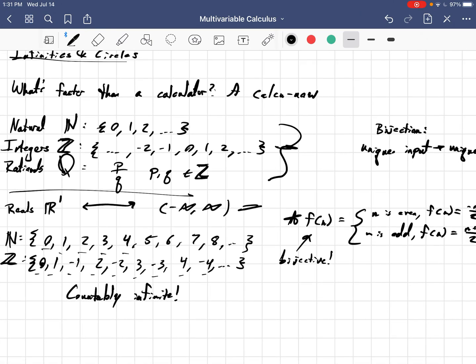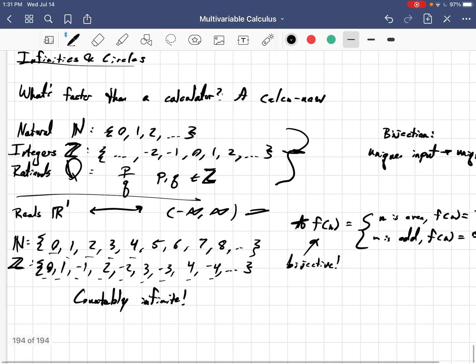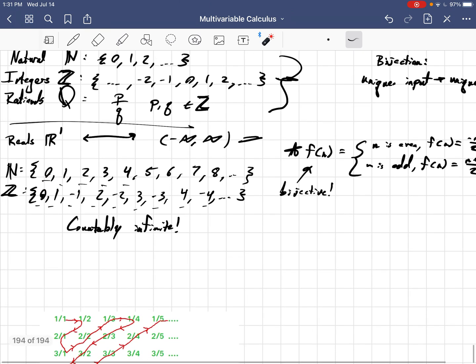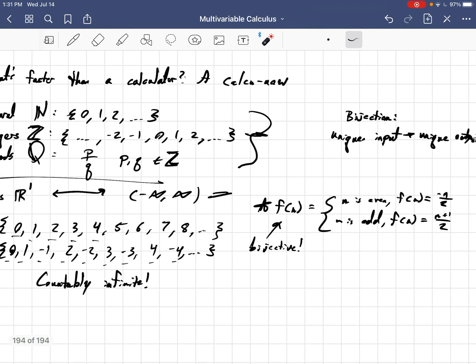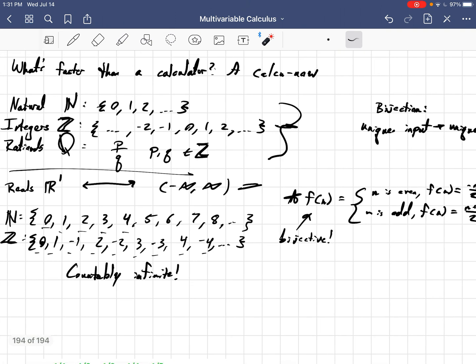Now, for the rationals, it does get a bit more complicated to show that the naturals, the integers, and the rationals are all the same size of infinity. In other words, that there still exists a bijective function, f of n, that maps every natural number to every rational. But it can be done. Now, I'm not going to so much emphasize the function this time as I am the method of how we count the rationals.